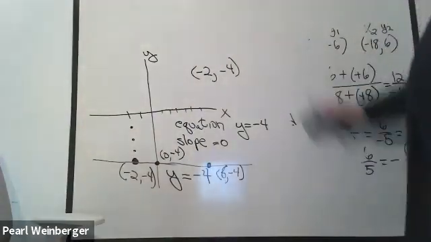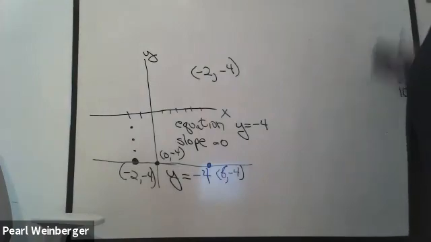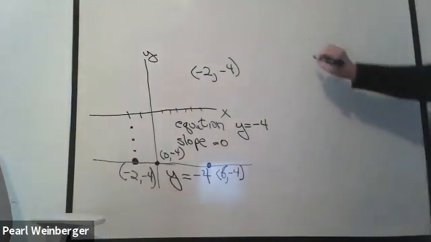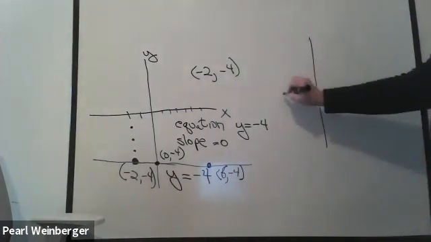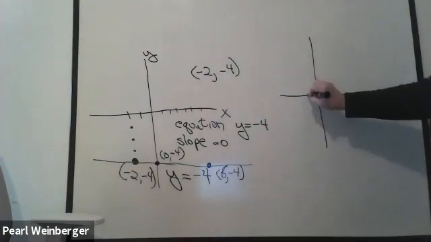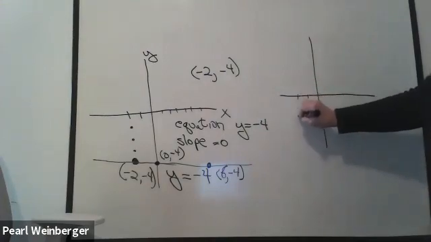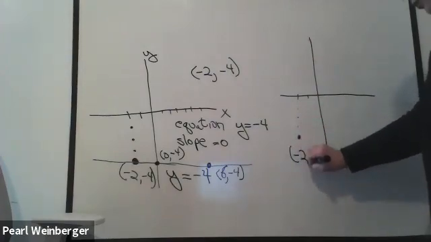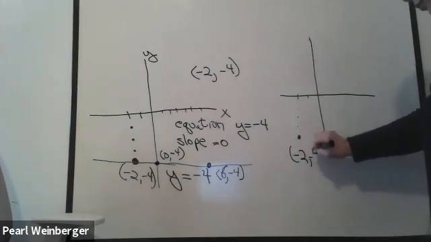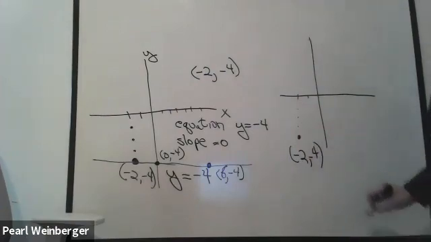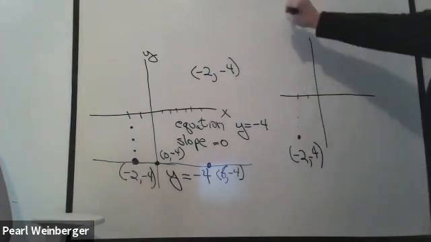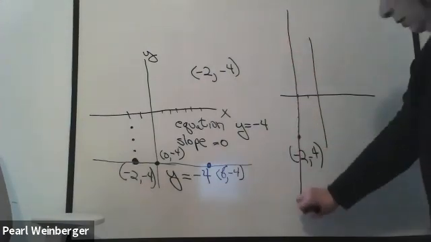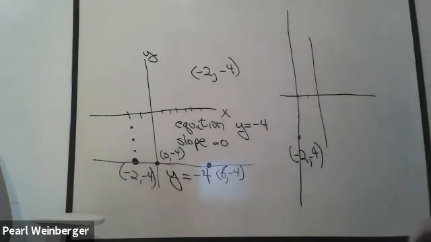Okay, let's do the next question. I'm going to redraw it over here because it's pretty messy over there. Here's again my point, -2, -4. Let's talk about the vertical line through that point, a line that goes up and down.